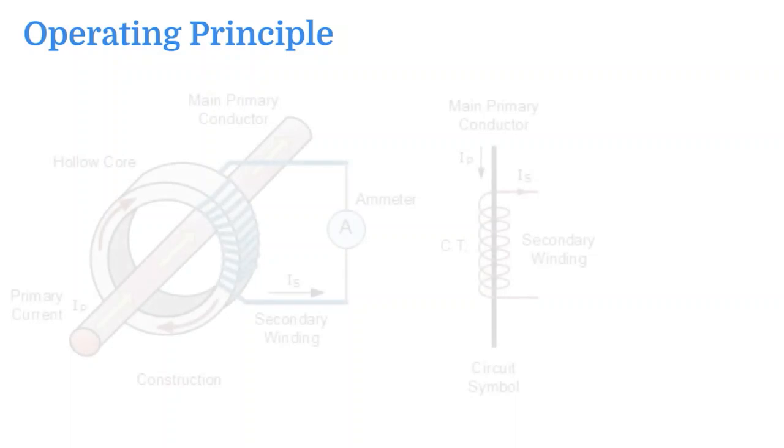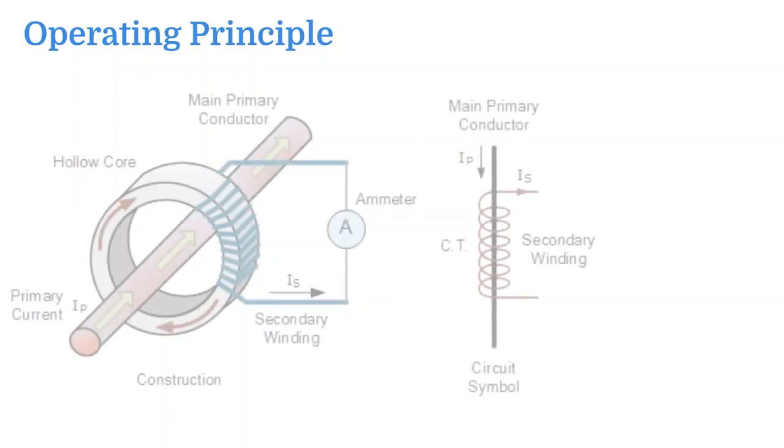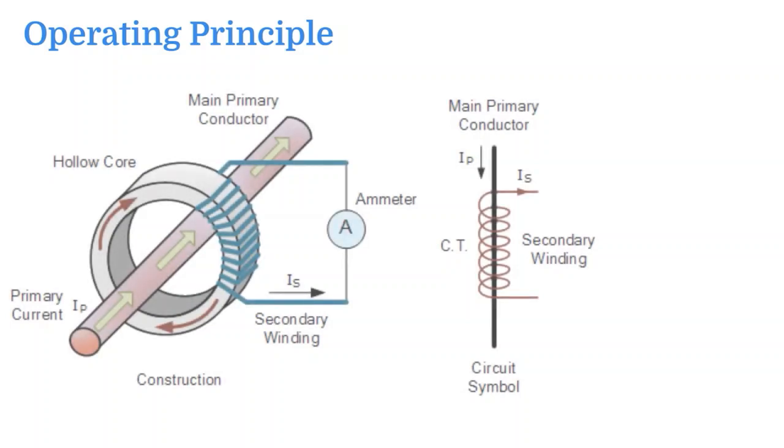Let's go inside the CT and see the basic operation. A conductor carrying a current goes through a hollow iron core. When a current flows through this conductor, a secondary current is induced in the winding of the hollow core. So this is simply a transformer. We can use transformer equations.